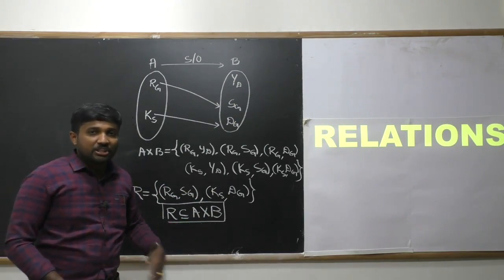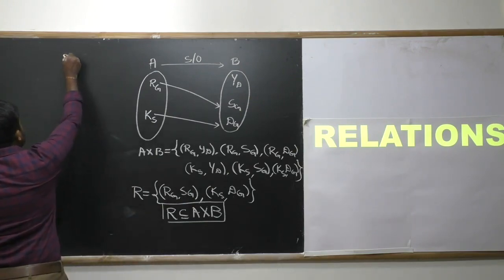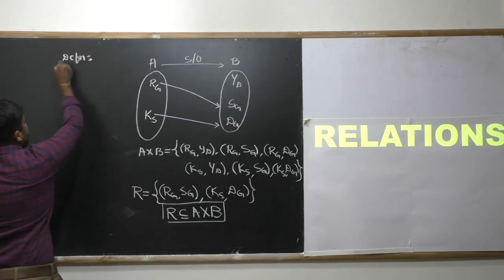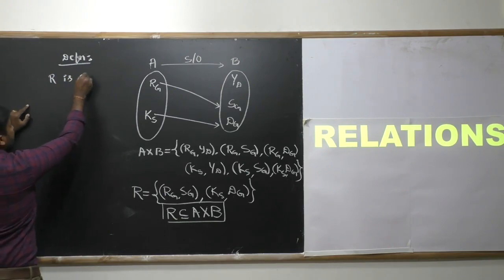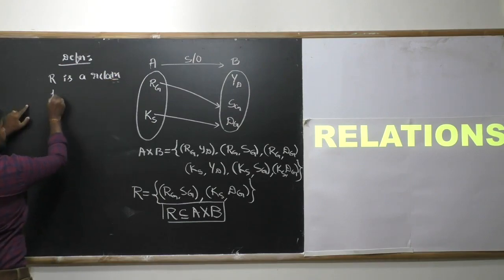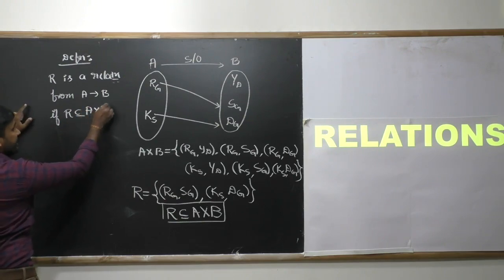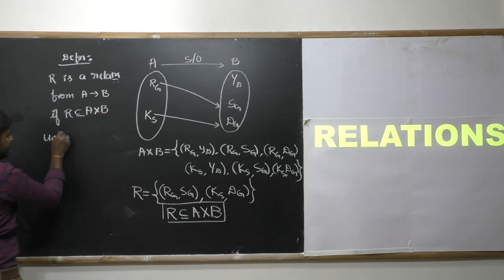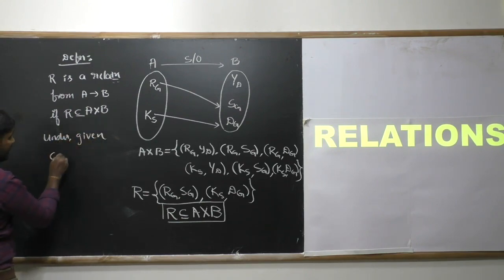Now shall we write the formal definition of relation? What is the definition? Please tell me. Definition: R is a relation from A to B if R is a subset of A cross B under the given condition.